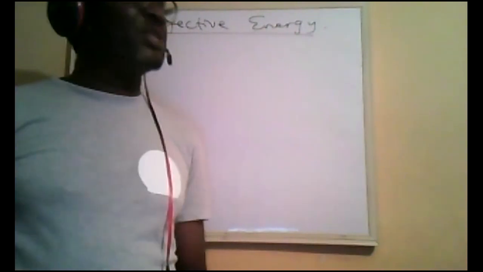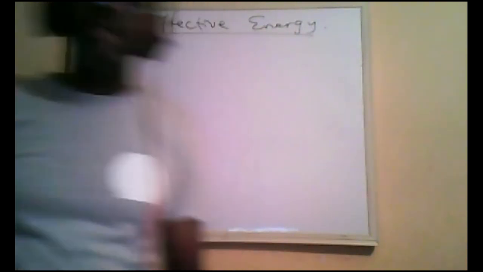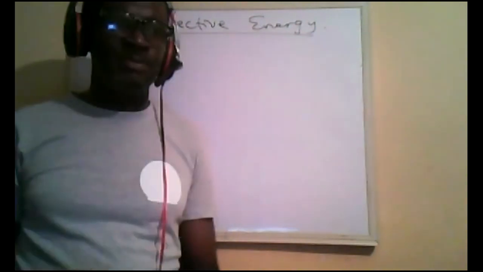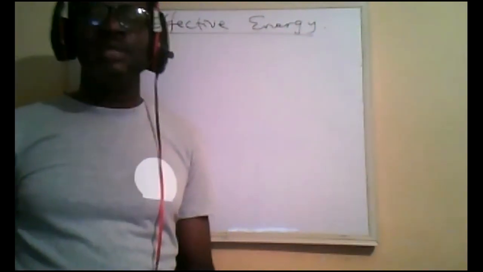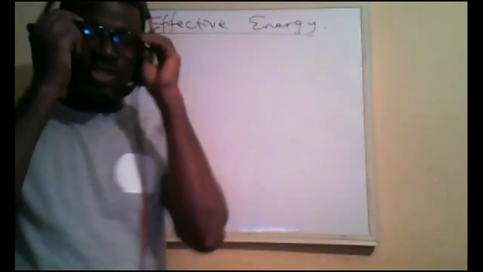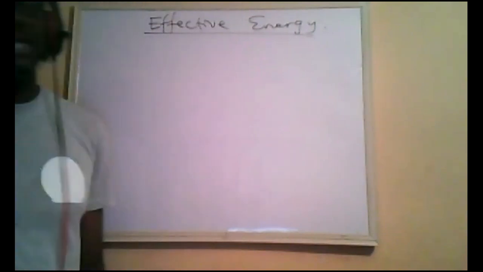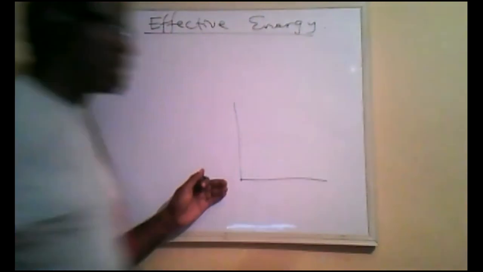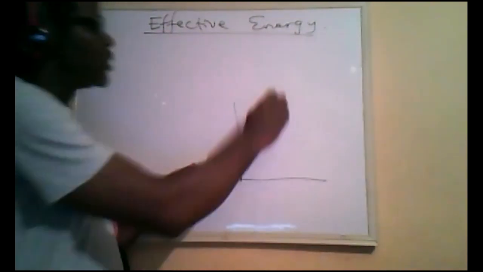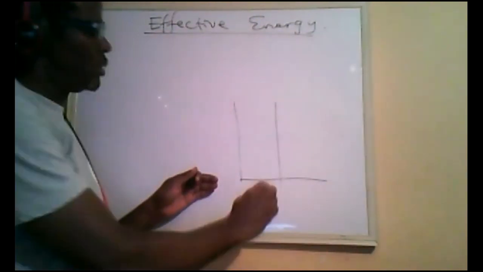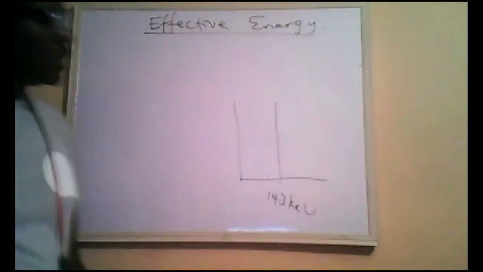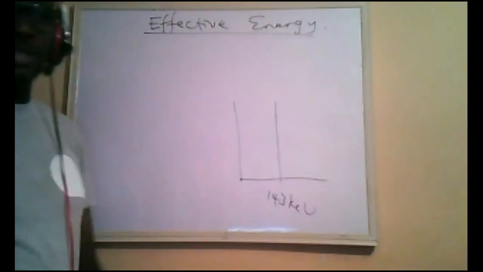In radiology, especially in X-ray modalities, we don't use a mono-energetic beam. In nuclear medicine, when we use technetium 99, the energy given off by technetium 99 is mono-energetic. If you draw the energy diagram, it is going to be a single line at 143 electron volt for technetium 99.